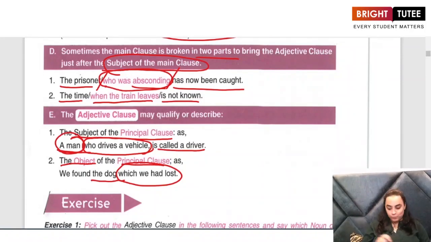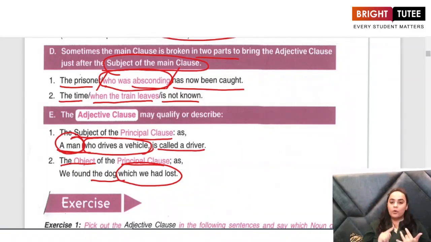So my dear students, what have we learned about adjective clauses? First, we know that an adjective clause means a clause which is used for describing a noun or a pronoun. Okay. Now, adjective clauses can begin with either a relative pronoun or a relative adverb.